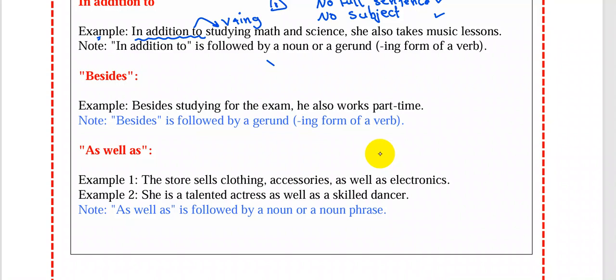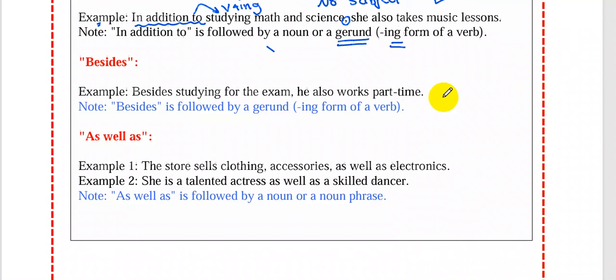So in addition to studying math and science, comma, because you need to separate this sentence from the next sentence. Don't link two sentences without separating them with a relevant punctuation mark. And the relevant punctuation mark here is the comma. She also takes music lessons. As you see, it is followed by a gerund or ing verb form.